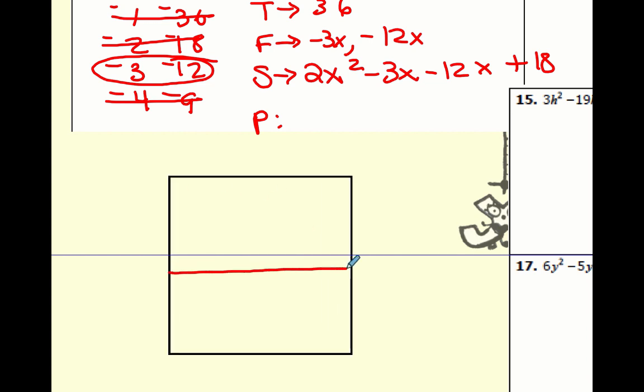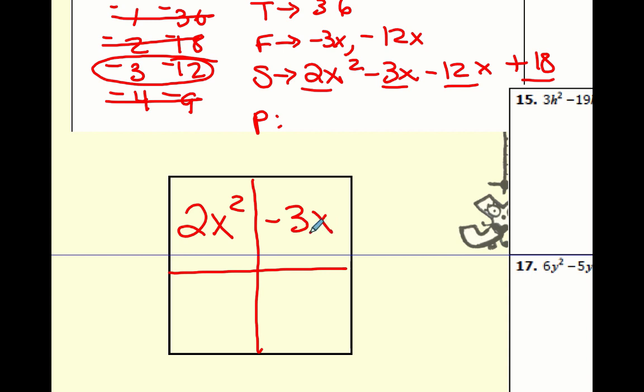So I'm going to take a square and separate it into 4. And I'm going to put all 4 of these terms, 1 in each box: 2x squared, negative 3x, negative 12x, and positive 18. So now I'm going to first look at this column here, and I want to see what is the common factor of the 2 terms.